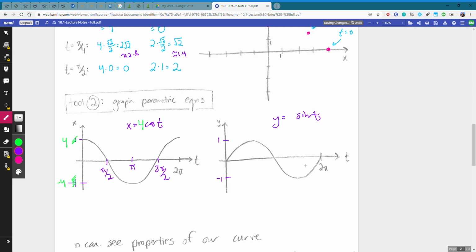All right, so from that we can get our horizontal scale, so that's pi. There's pi over 2. There's 3 pi over 2. And if we now want to get a graph of our scaled function, 2 sine t, well, we can just adjust our vertical scale here. Instead of 1 and minus 1, we'll have 2 and minus 2.